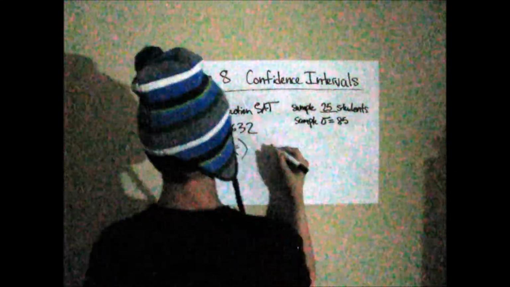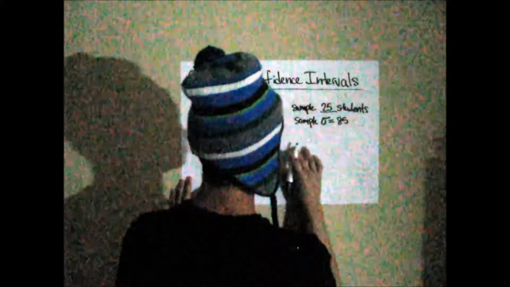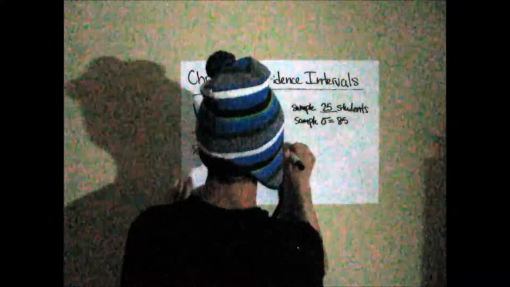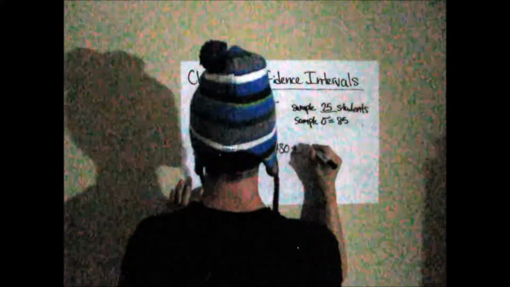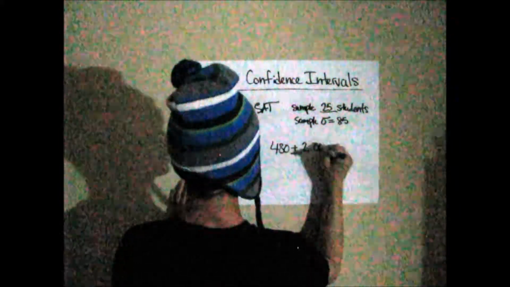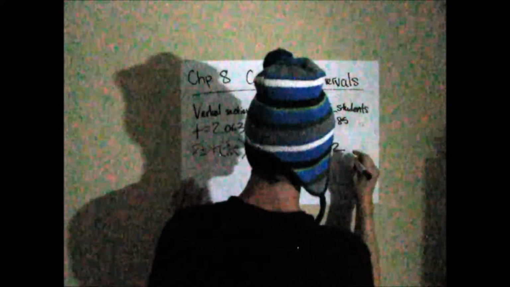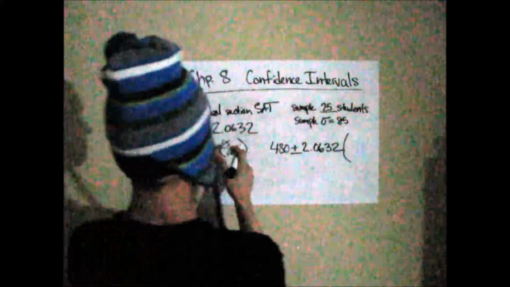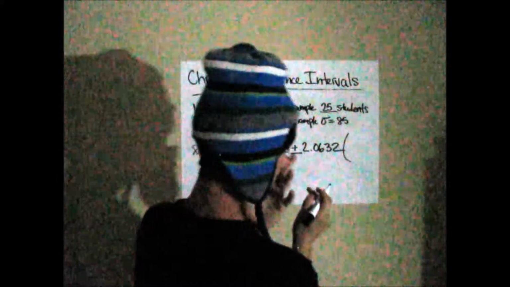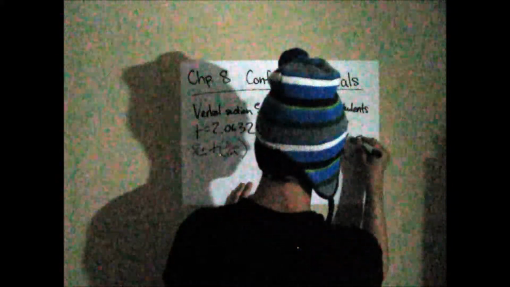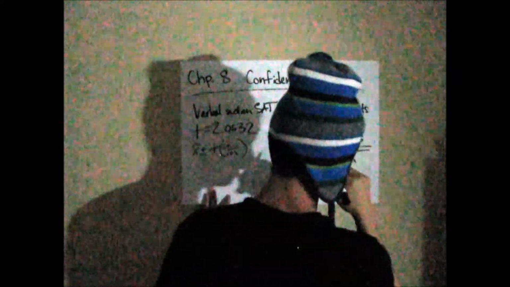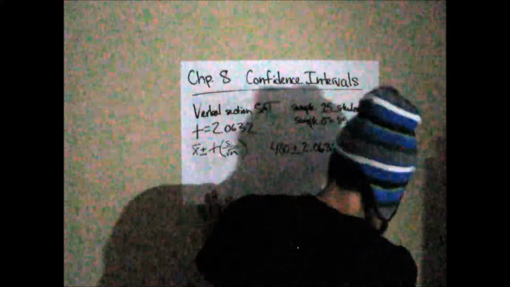So we have our x bar, 480, which is our mean score, plus or minus our t-value, 2.0632, times our sample standard deviation, which is 85, over the square root of n being 25.